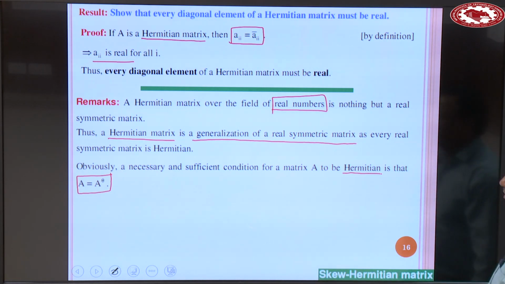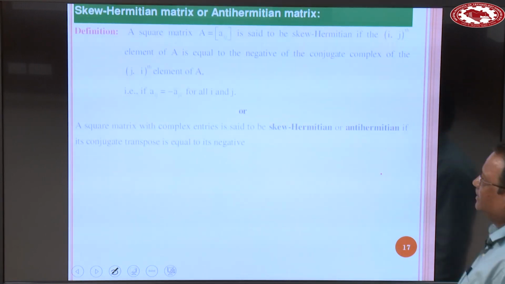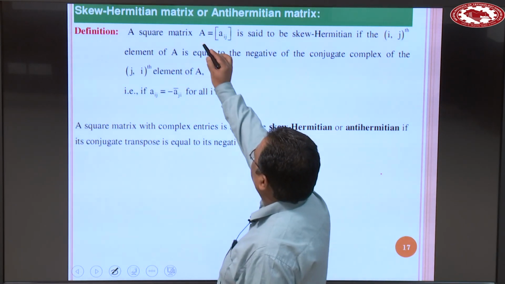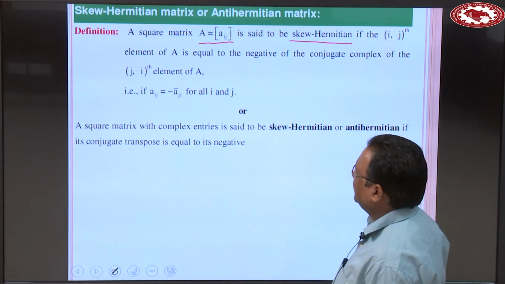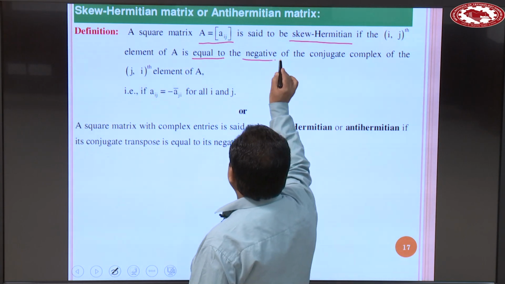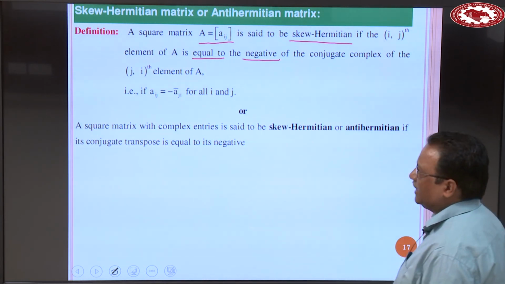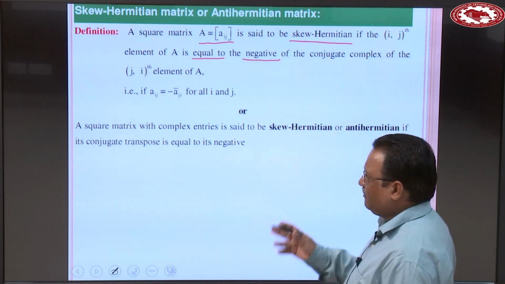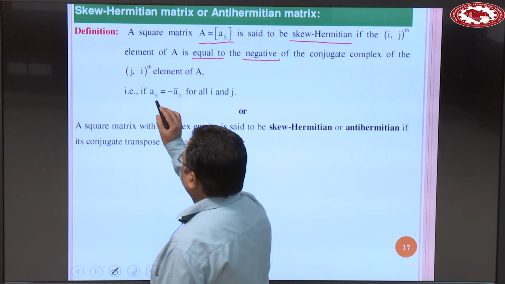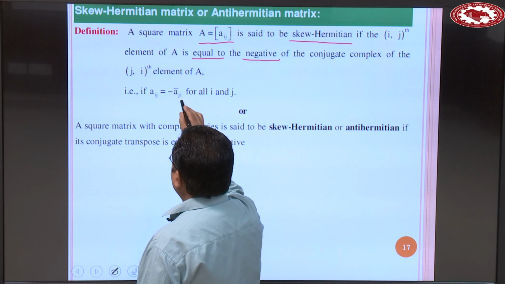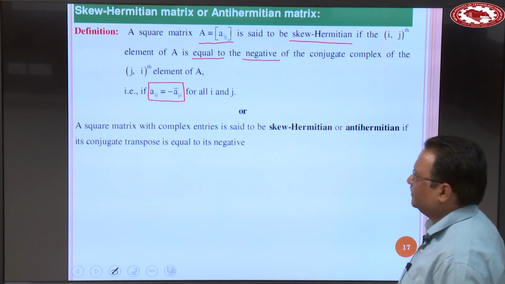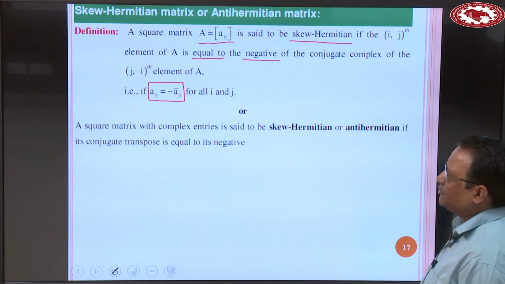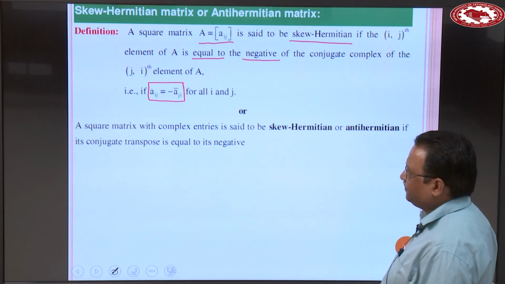On the same line, we can define skew Hermitian matrix. So, a square matrix A, Aij, is said to be skew Hermitian if ijth element of A is equal to the negative of the conjugate complex of jith element of A. So, as we have already discussed, if Aij is equal to minus Aji bar for all i and j, then the given square matrix is said to be skew Hermitian matrix.